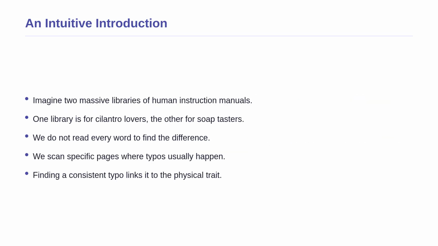Now that we know what we are setting out to learn, let us start with a simple analogy. Imagine you have two massive libraries, each containing thousands of instruction manuals for building a human being. One library belongs to people who love eating cilantro, and the other belongs to people who think cilantro tastes like soap. If you wanted to find out why they differ, you would not read every single word of every single book.